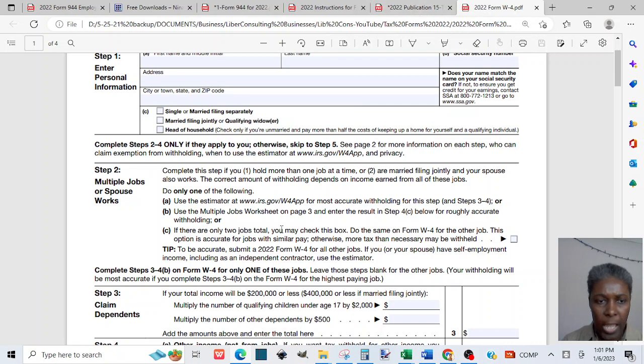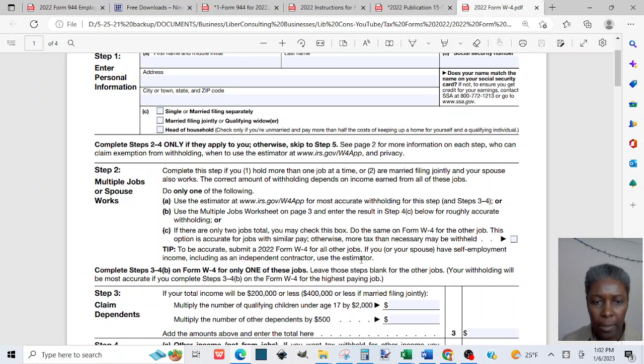And Step 2 is when people have multiple jobs. If there are only two jobs total, you may check this box. Do the same on Form W-4 for the other job. This option is accurate for jobs with similar pay. Otherwise, more tax than necessary may be withheld.